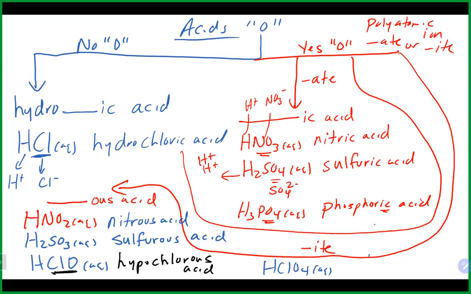ClO4 minus is perchlorate, and you would keep the per in it, so this is perchloric acid. So even on those polyatomic ions with per or hypo in them, you keep that with the acid name, and just end it differently. Any questions on that?